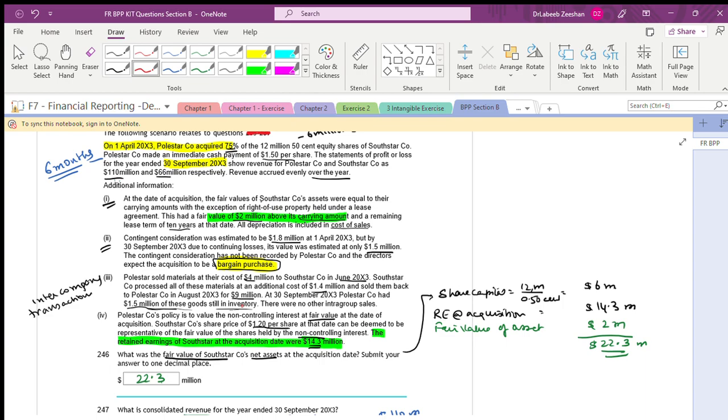Sold materials at cost 4 million on June 30th. South Star processed 1.4 million. Fine, we are not taking the processing cost, and sold them back for 9 million. How much is the intergroup transactions?